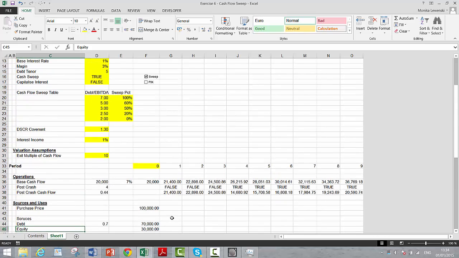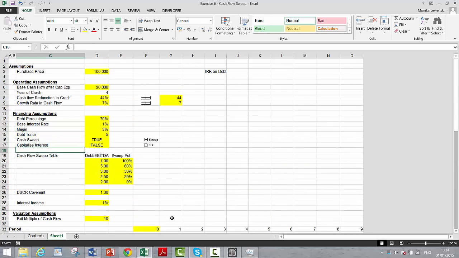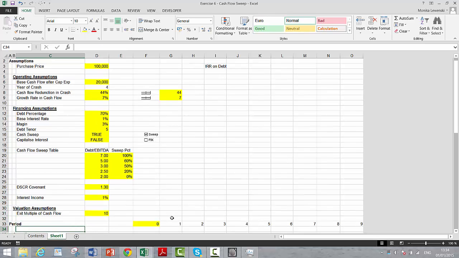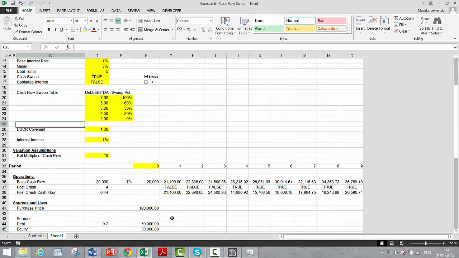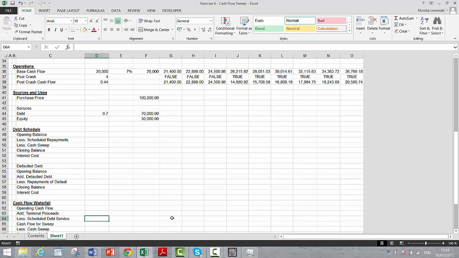I purposely put this so it goes down. Once we have a normal kind of company, we don't have any sweep anymore. When you have a high leverage company, we might sweep 100%, and then it may be a little bit less. We gradually allow some dividends as the company becomes a regular old company. We have a covenant that says you're not allowed to pay any dividends, and that's on a different basis than the rest of them.